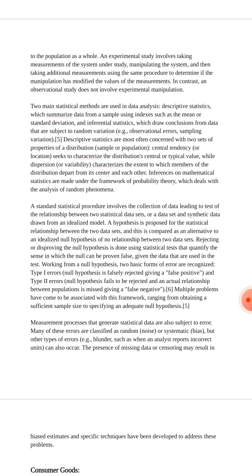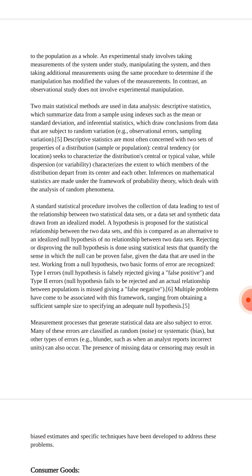Two main statistical methods are used in data analysis: descriptive statistics, which summarize data from a sample using indexes such as mean or standard deviation, and inferential statistics, which draw conclusions from data that are subject to random variation.